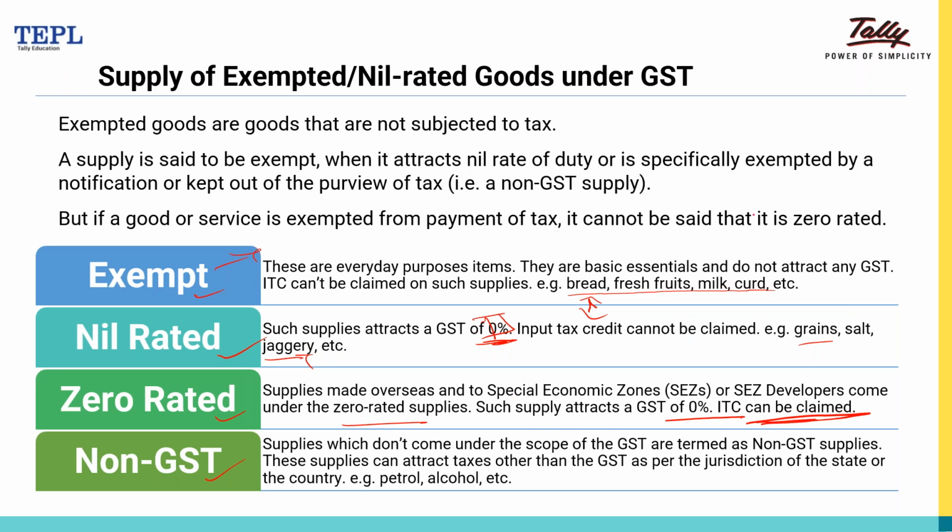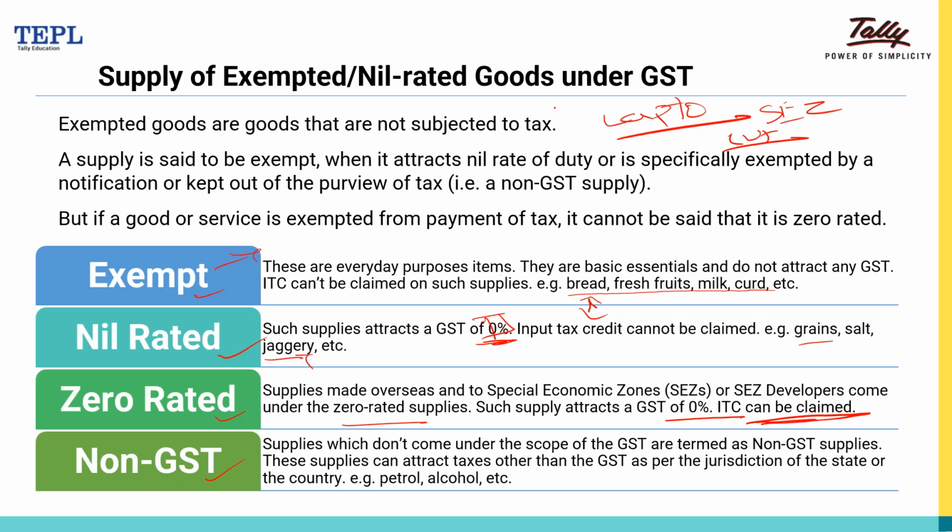So which type of product? Suppose now in the example I take a laptop. If the laptop is sold to an SEZ supplier with an LUT bond, in that case I need not charge any tax on the supply, but I can take input credit. Okay, so that is why you can say this is zero rated.